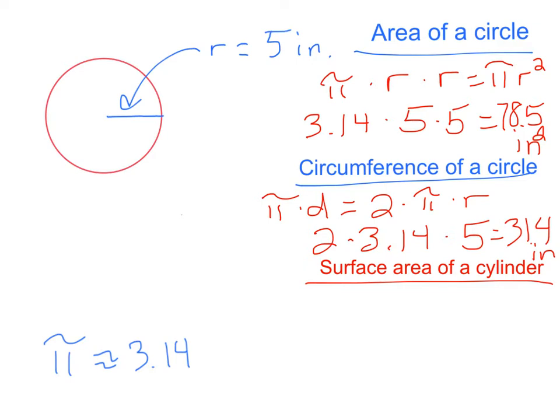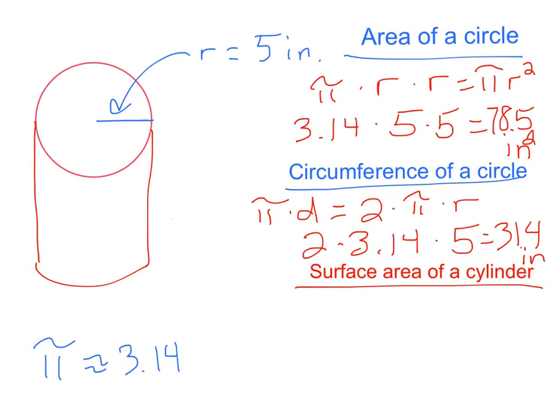All right, so how does this relate to the surface area of a cylinder? Well, to find the surface area of any prism, any given shape, you want to find each of the surfaces' surface area and then add them up. Seeing as we have two circles in a cylinder, you are going to have to find the area of a circle, which is right back up here.